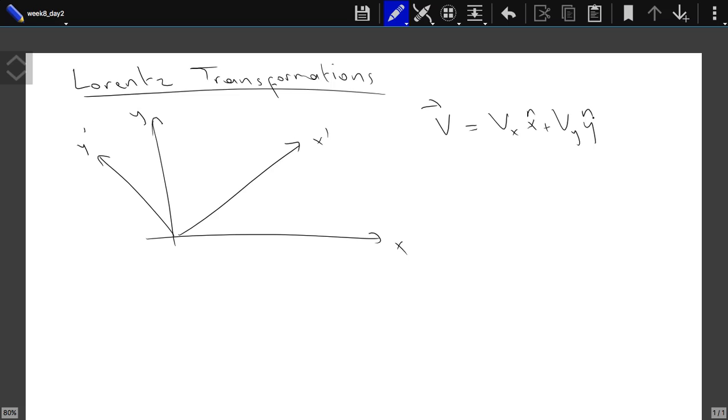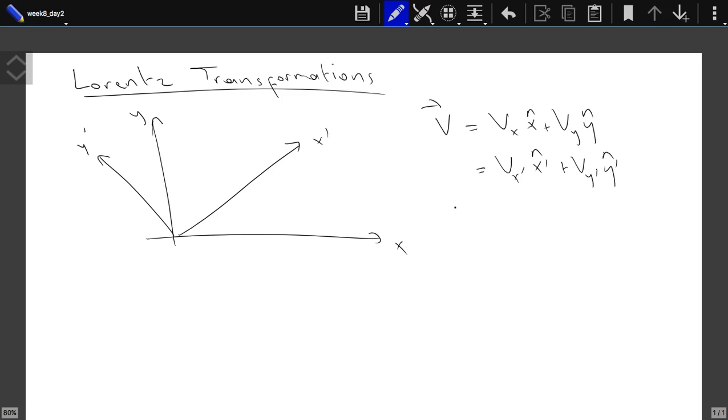The components were Vx and Vy. In the other coordinate system, the components were Vx prime in the x prime hat direction and Vy prime in the y hat prime direction. And this Vx prime and Vy prime, they were different than Vx and Vy, although they were referring to the same point. But we know how to relate those two.